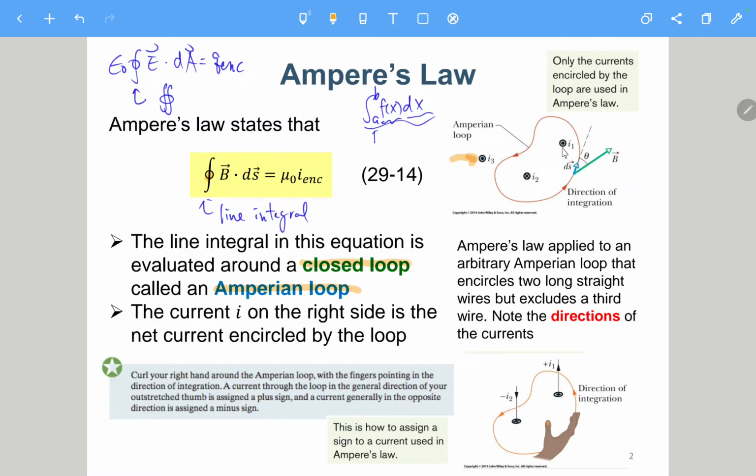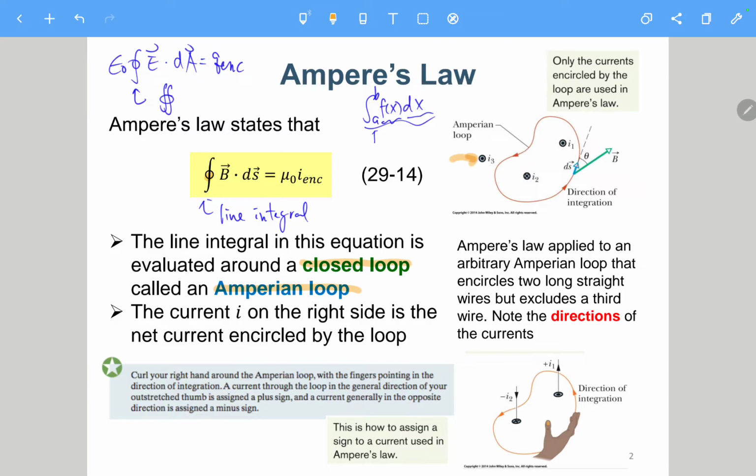The figure just shows a cross section. Here we have I1, I2, and I3, and this orange line indicates the Amperian loop.